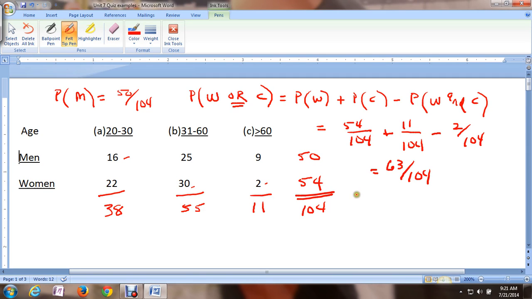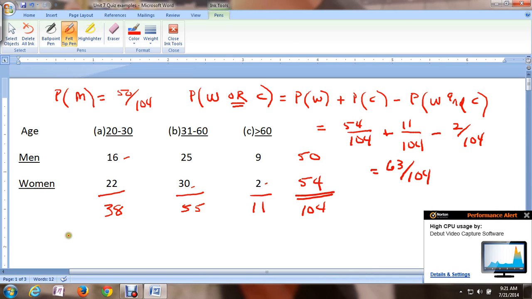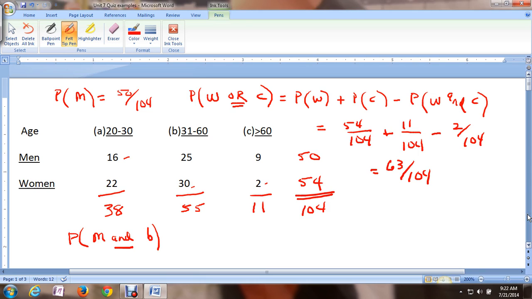Now, the other situation is when we want the probability that the person we picked out is both, for example, a male and someone who is between the ages of 31 and 60. You notice there we have the AND function, which means you multiply probabilities.